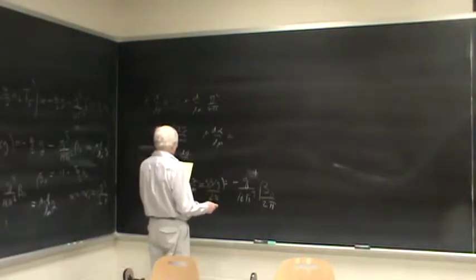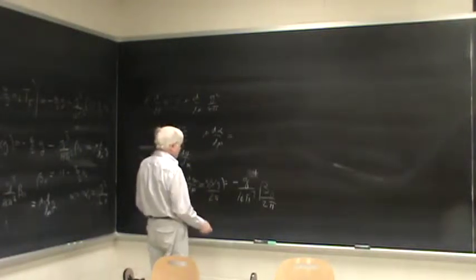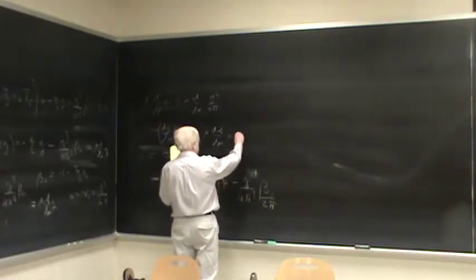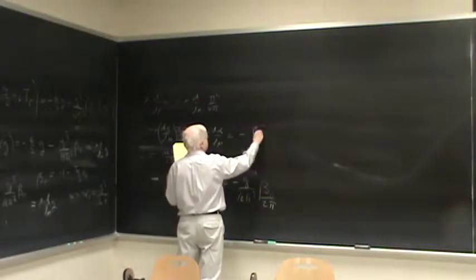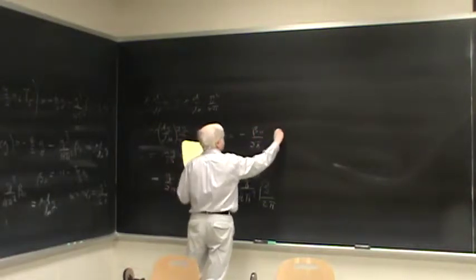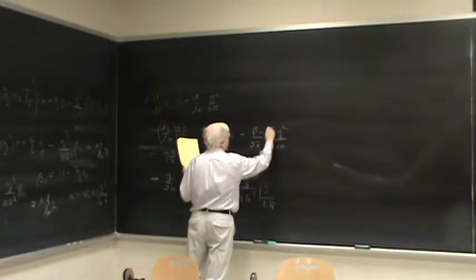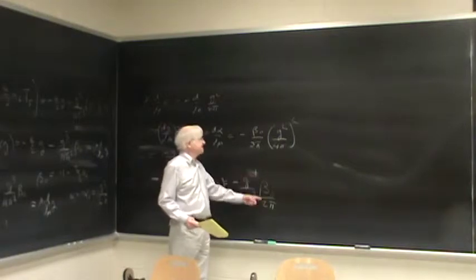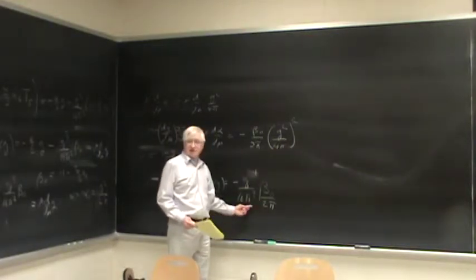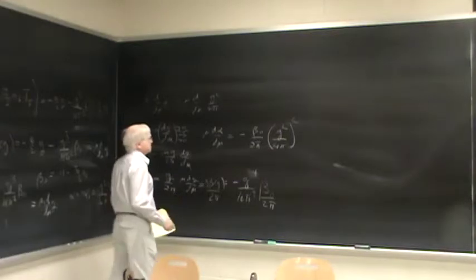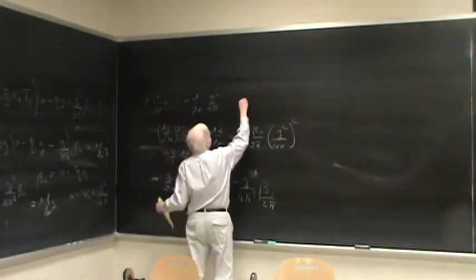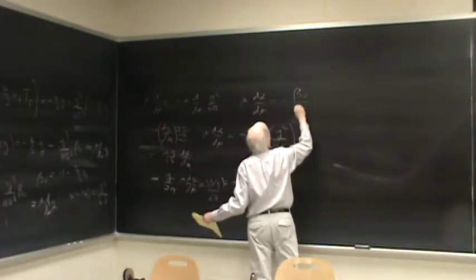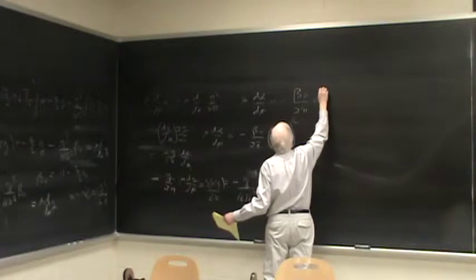Now if we absorb the 4 pi's, what we see is that this is equal to minus beta 0 over 2 pi times g squared over 4 pi squared. So the 2 pi is here, 4 pi squared is 16 pi squared. So this is our equation then. In other words, mu d alpha/d mu is equal to minus beta 0 over 2 pi alpha squared.